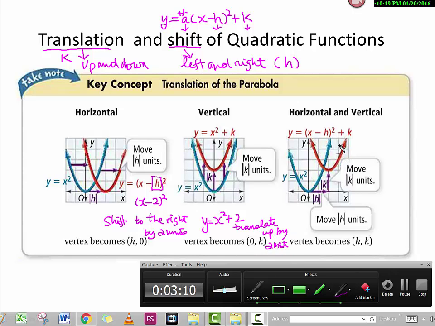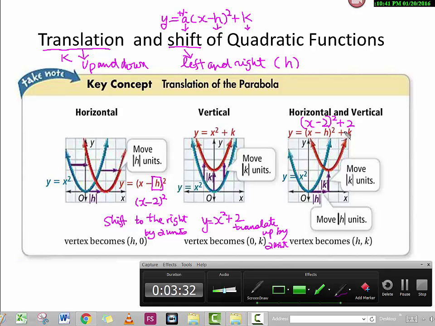And if you combine these two movements together, say you have x minus 2 whole squared plus 2, the blue one is the parent function. In this case, that means it moves to the right by 2 and then translates up by 2 units.